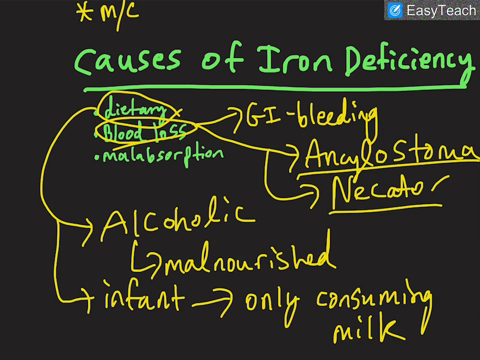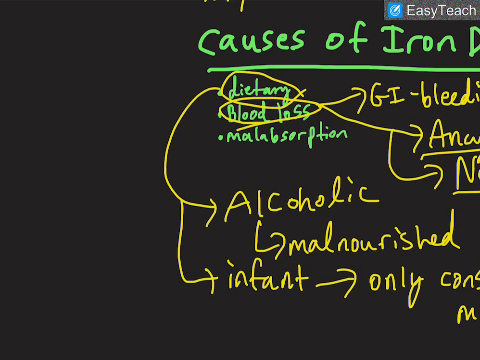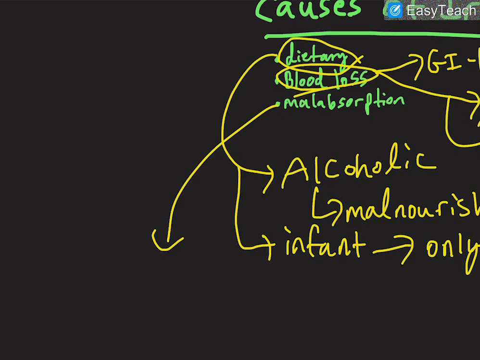Okay, so we have blood loss, dietary, and now we can move on to malabsorption. What if you have a patient who has celiac disease, which affects your duodenum mostly? If you have celiac disease, the intestinal cells in your duodenum are heavily inflamed, getting destroyed.